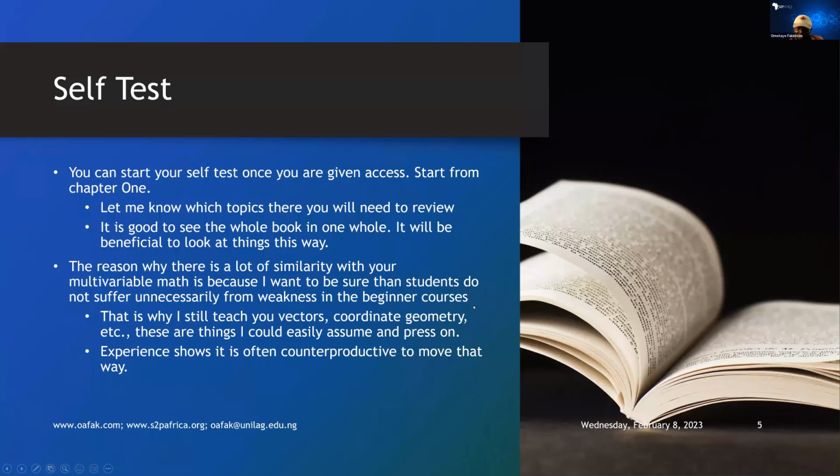If I want to teach continuum mechanics, it requires tensor analysis. Tensor analysis requires vector and coordinate geometry. I could start by assuming you already know vectors. I have done that before, and I found that people continue to have problems with their tensors, not because the tensors were hard, but because their vectors were weak. So that's why you see the similarities you see.